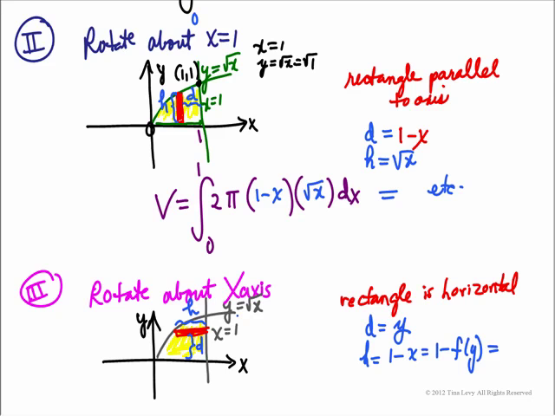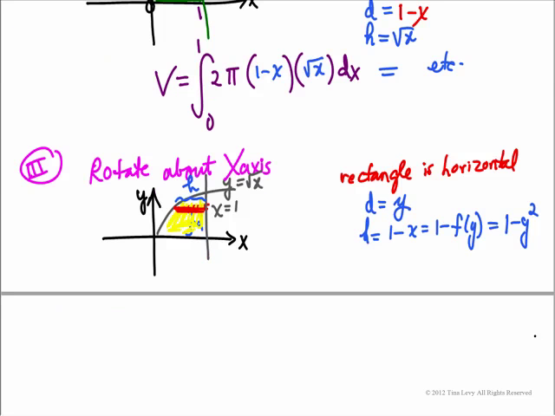Looking at y equals square root of x, 1 minus x becomes 1 minus y squared. What happened here is that because we're dealing with y equals square root of x, I had to square both sides, and that gave me that x was y squared. So that's why we have y squared here.